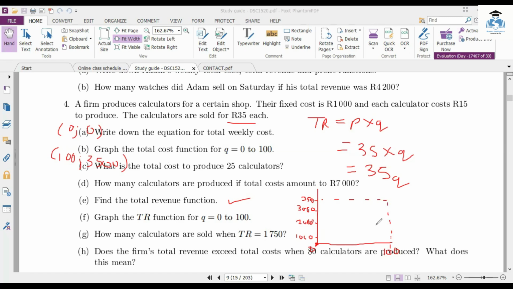Normally you are not even required to draw these lines, but I'm just showing you. Then you connect like this. So that's the graph.